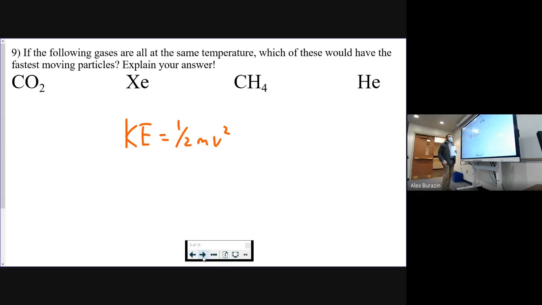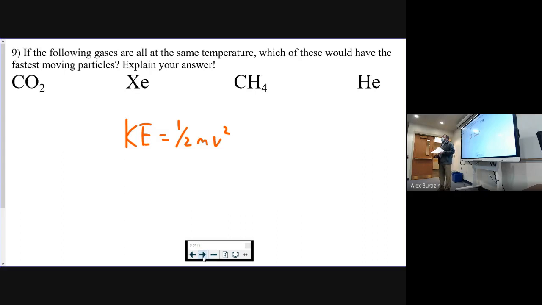As the mass of a gas particle goes up, what must happen to the velocity of that gas particle in order for the kinetic energy to remain constant? Goes down. We have an inverse relationship. Very, very light gas particles with low molar masses are moving really, really fast at the same temperature as other gases, right? So that's the takeaway here.